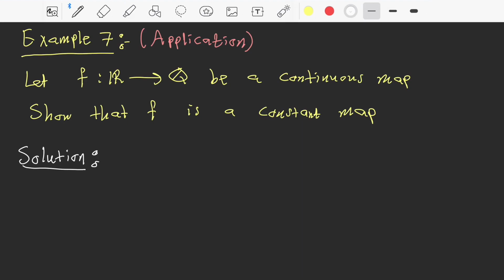This question seems to be solvable using the ideas, or at least the terminologies, that we have seen in the real analysis course. So I would like you to pause, think about it, and see if you can solve it using real analysis techniques without using topology or whatever we learned here in this video, and post for me your solution, or at least the idea of the solution, in the comments below.